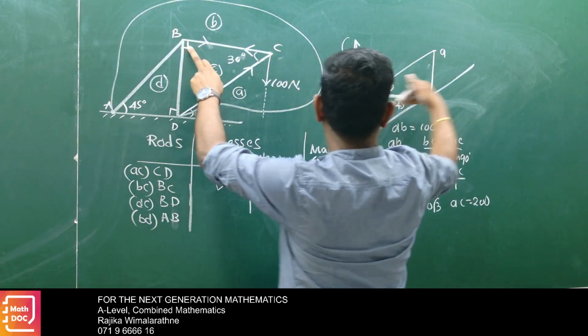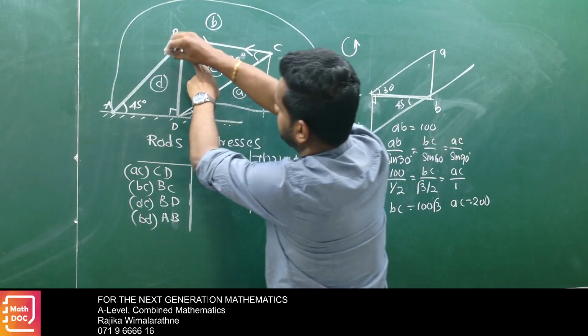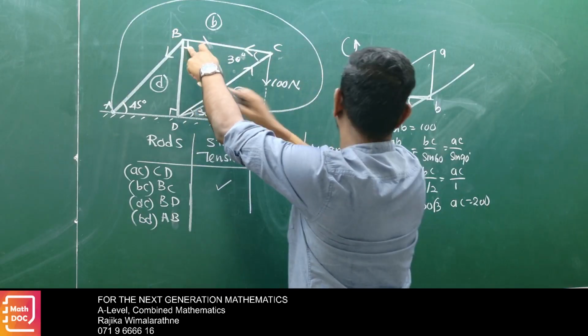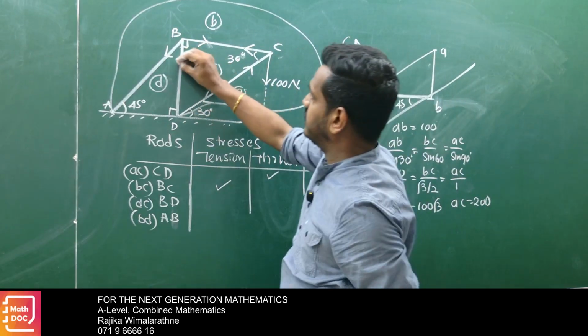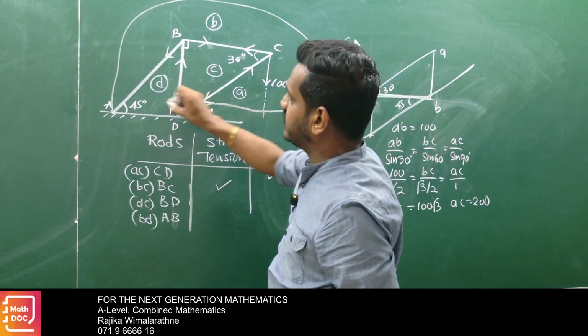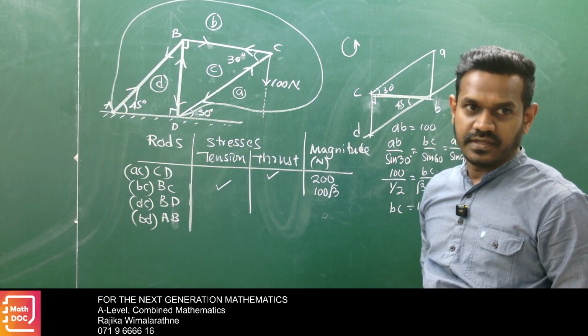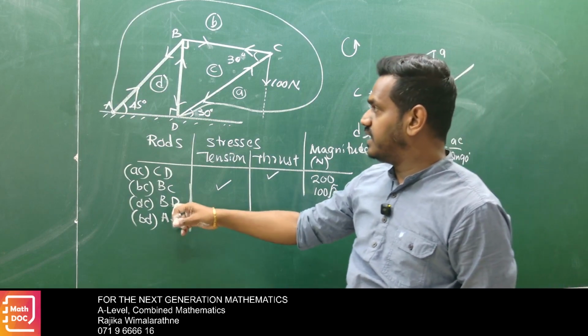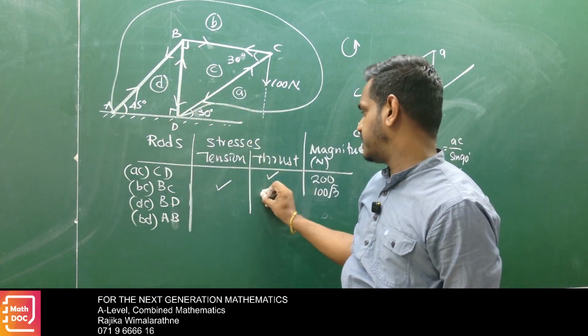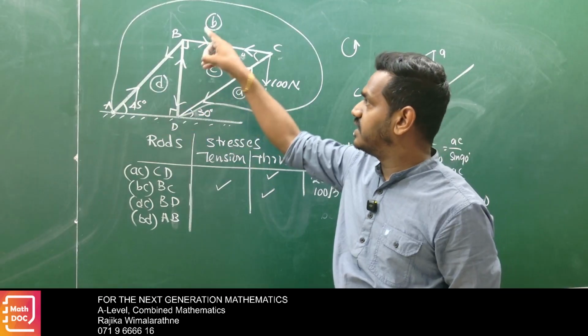Then BD, here BD direction, DC upward. Then other corners opposite. Okay. Then BD thrust, AB tension.